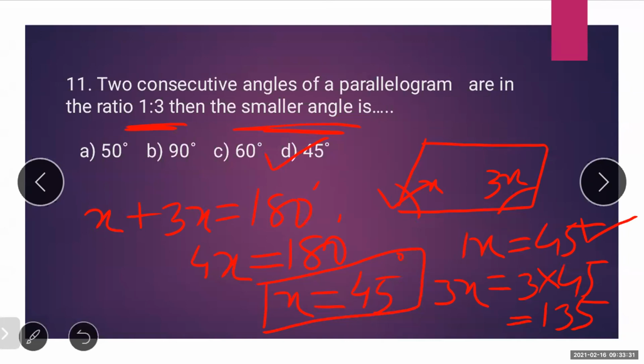Whatever smaller angle is asked, accordingly you have to find out. But first it is your duty to get the value of x, and that value of x you substitute in the given ratio. Only then you will get the measure of a smaller and a bigger angle.